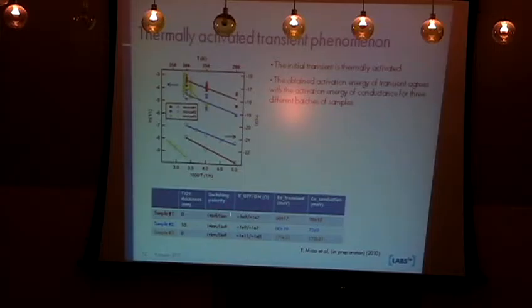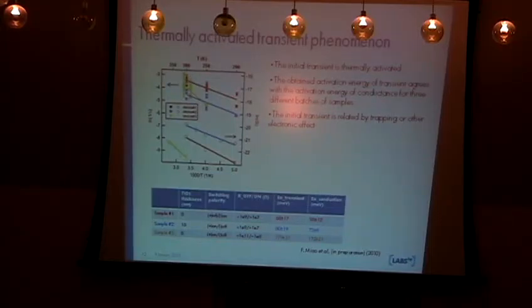As summarized in the data here, we got the activation energy of the transit ranging from 50 to 210 meV, and our results indicate that this initial transit is related to trapping or other electronic effects.